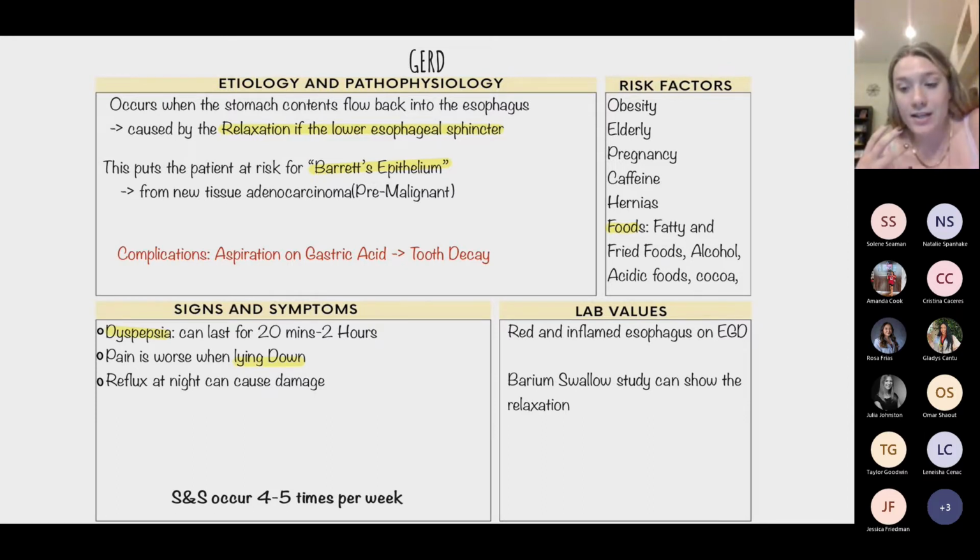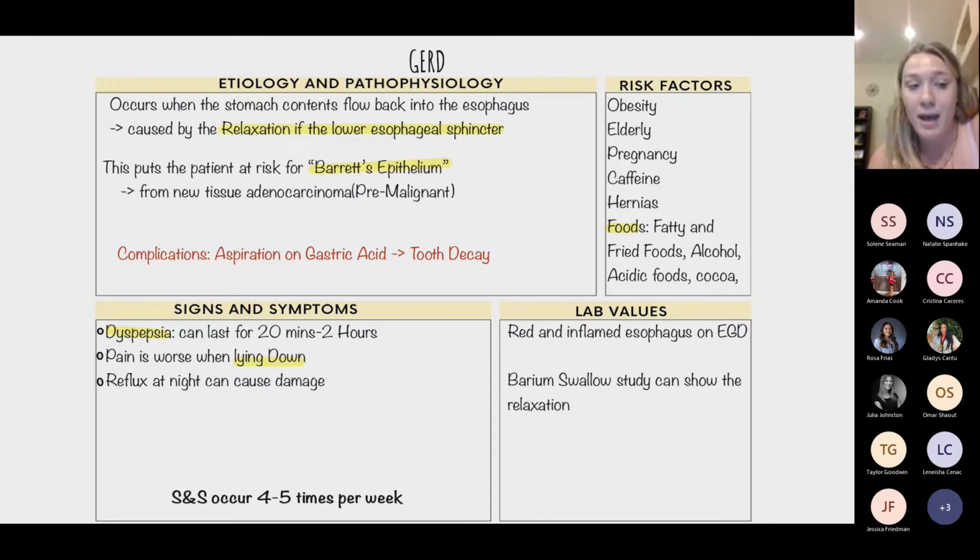And so the esophagus is going to undergo some metaplasia, some different cellular adaptations to try to compensate for this acid that's quite literally burning their esophagus. They're actually going to be at risk for esophageal cancer, specifically that Barrett's epithelium. It's pre-malignant. So that's something that's really important in managing GERD, is we want to prevent that.